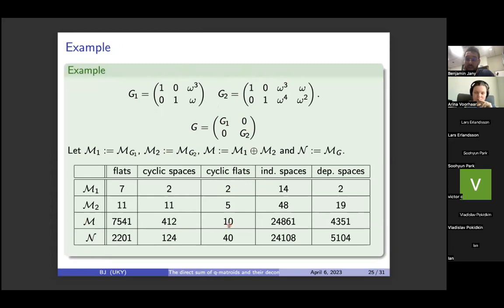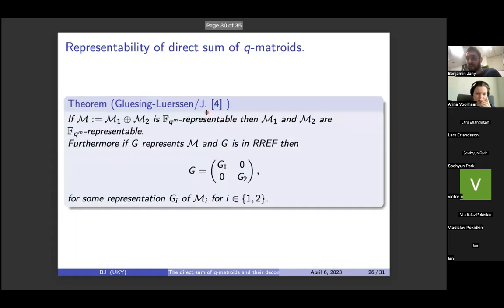Okay, and so clearly representability is much more complicated in q-matroids when considering this direct sum, and we don't really have a full grasp of it yet. But we are able to show a few results about it, and in fact show that sometimes we end up with a direct sum that is not representable.